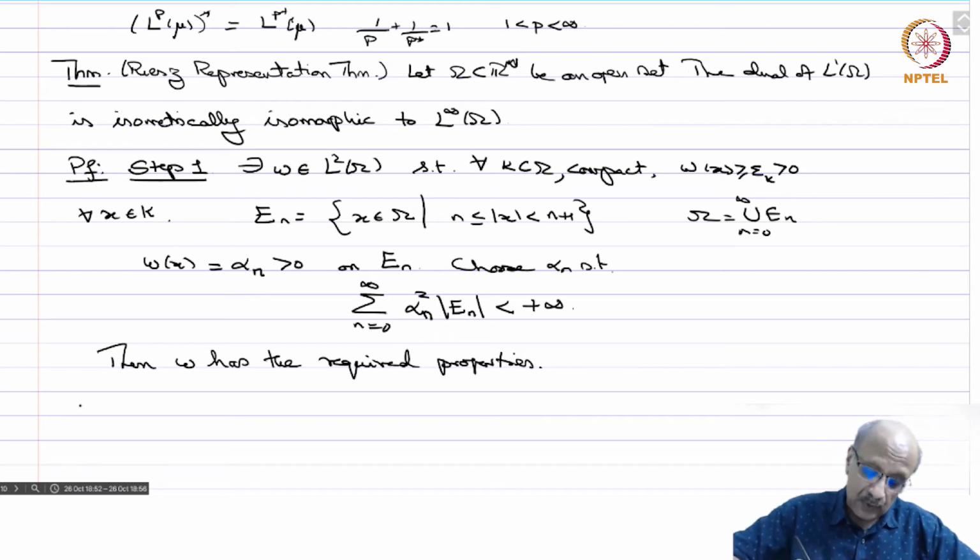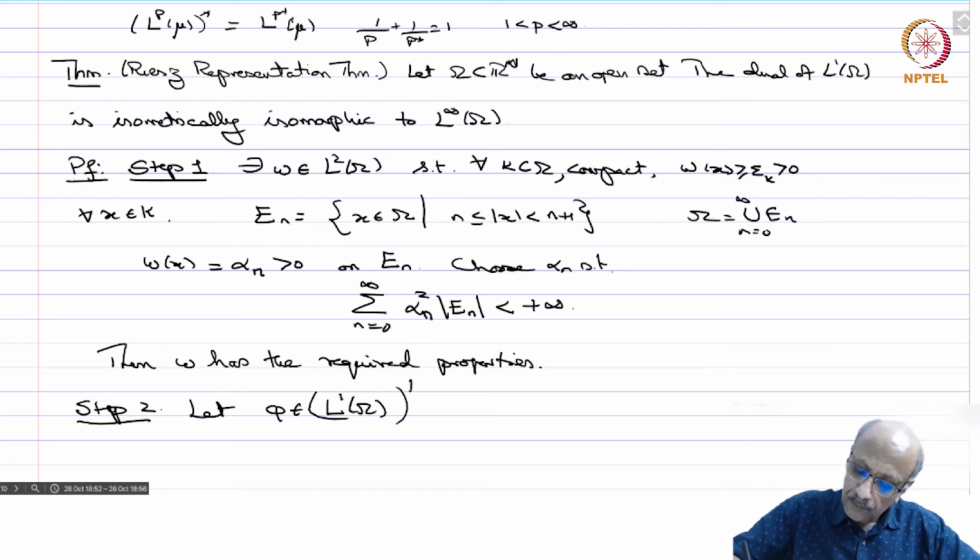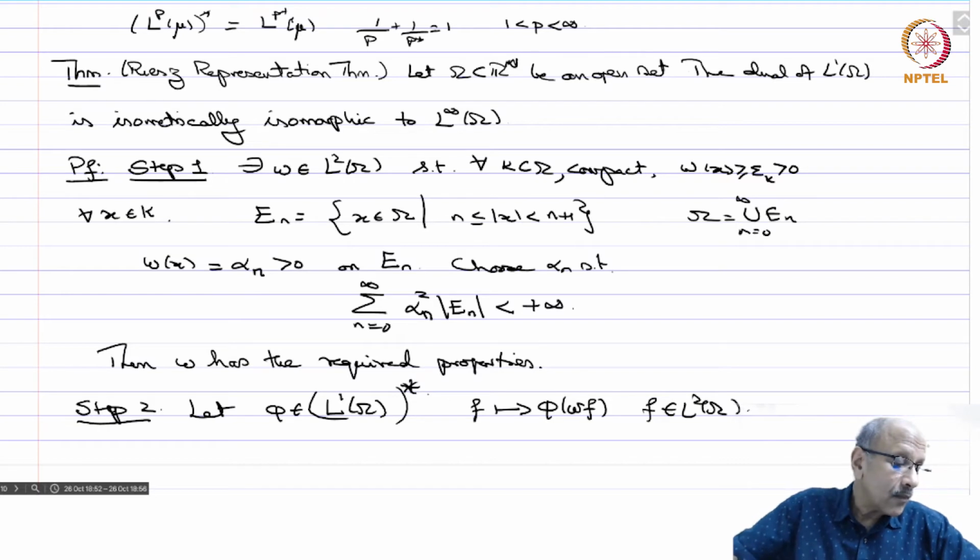Okay, so step 2. Let phi belong to the dual of L1(omega). Now you consider the mapping f going to phi(Wf), f in L2(omega).